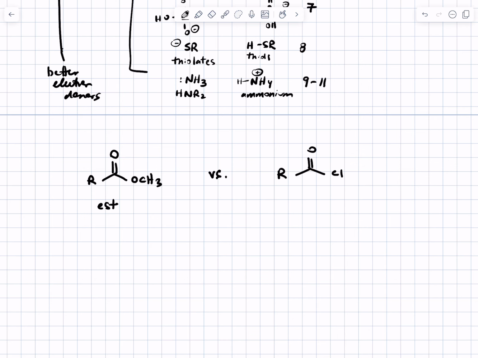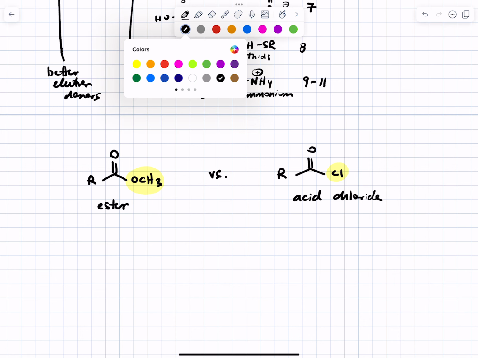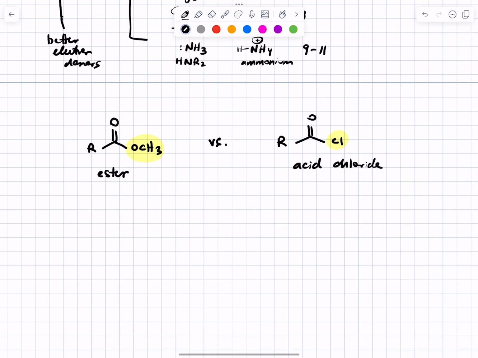This is called an ester, and this is called an acid chloride. All right, let's look at the two Y groups. I'll highlight them in yellow. Let's think about what they are if they were to leave. OCH3 minus and Cl minus.